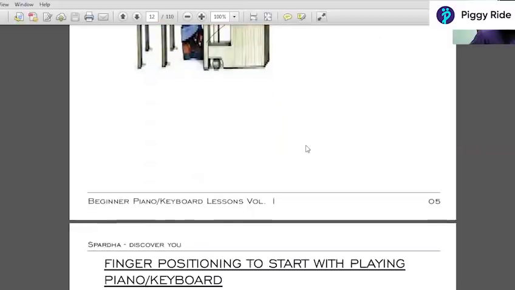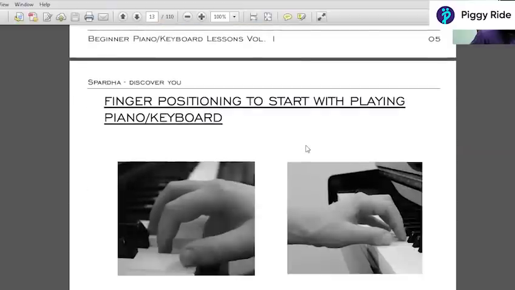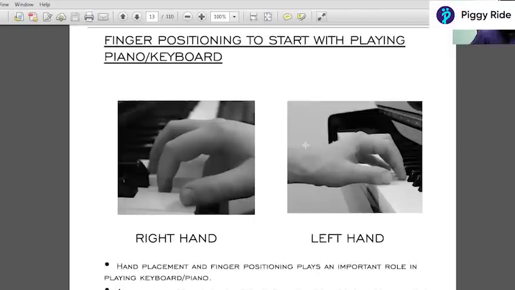Okay, let's move on to the next. So what is the correct position to take place on the keyboard? There are some images you can see. You will keep your hand or fingers always like this.